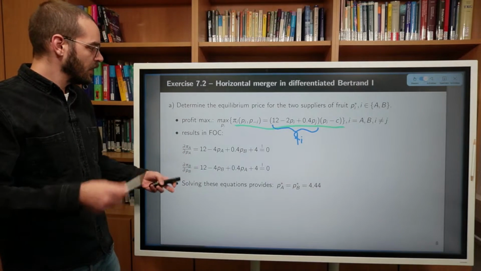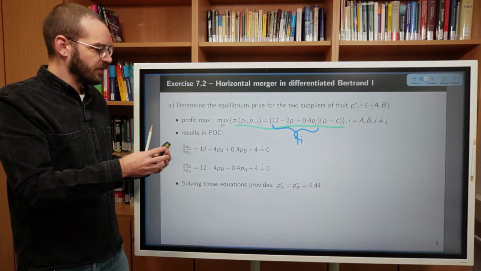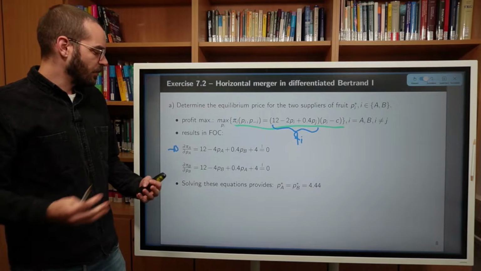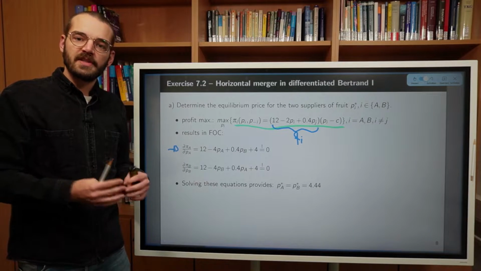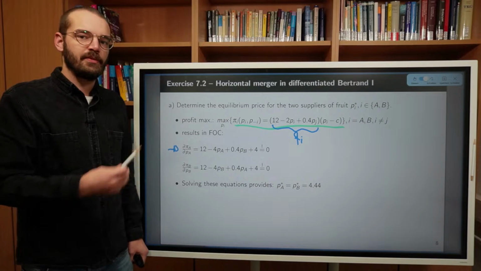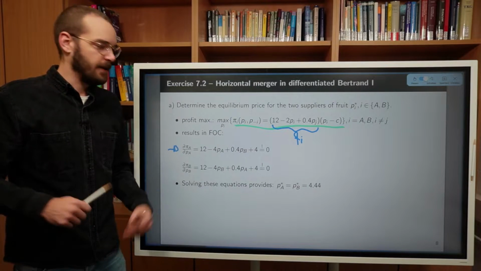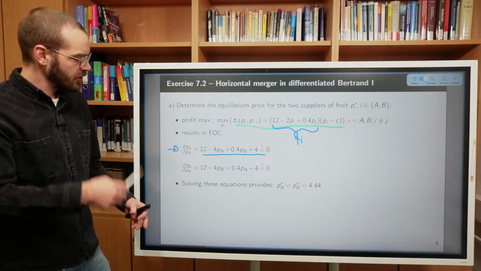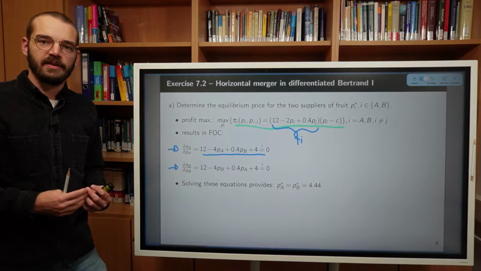So we find the profit maximizing price of the respective firm, or expressed in more technical terms, we need to calculate the first order condition for this maximum by calculating the partial derivative of the profit function of firm A, pi A, with respect to the price of firm A, PA. If we do so, we get this first order condition for firm A, and in the next line you can read the first order condition of firm B.